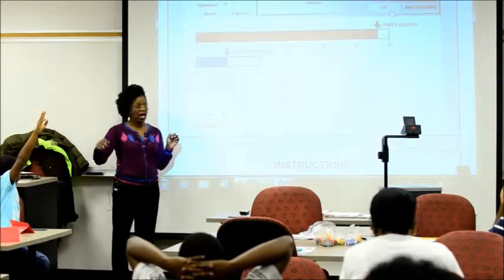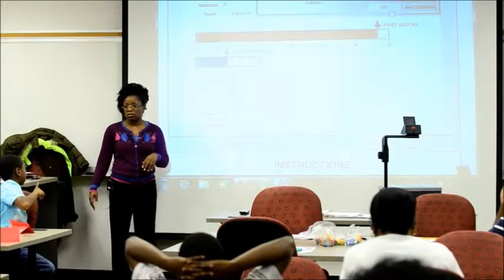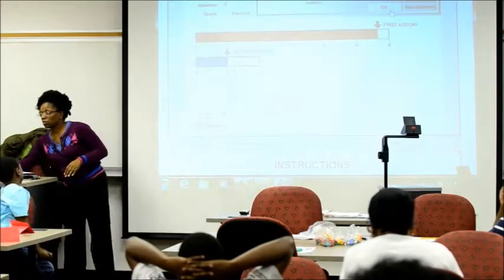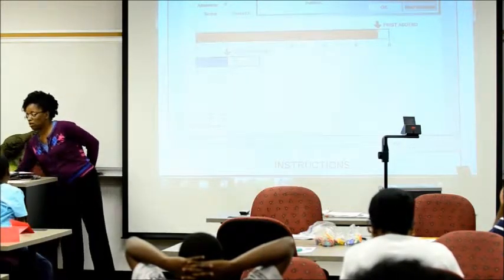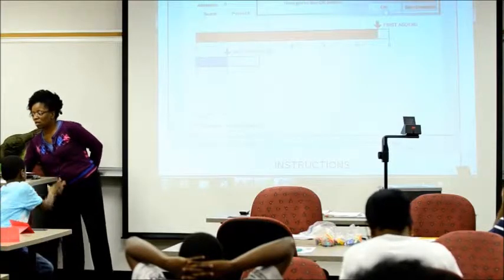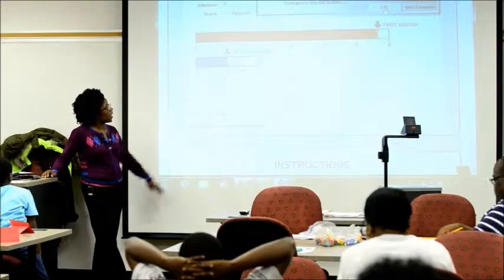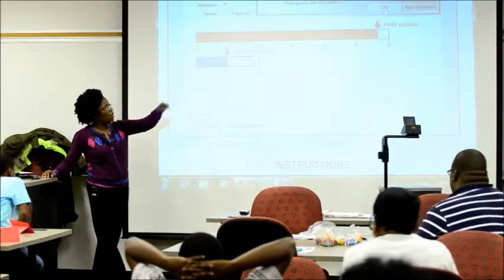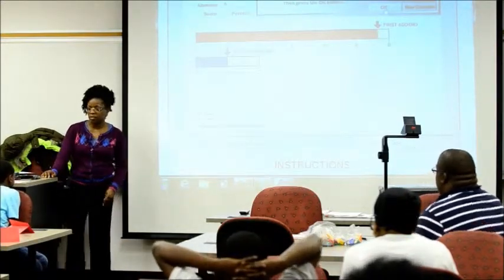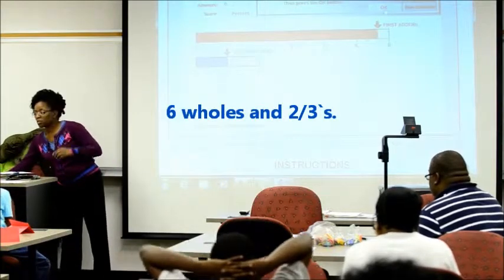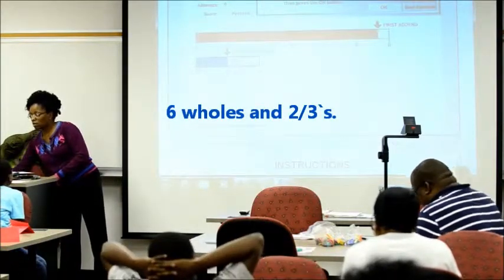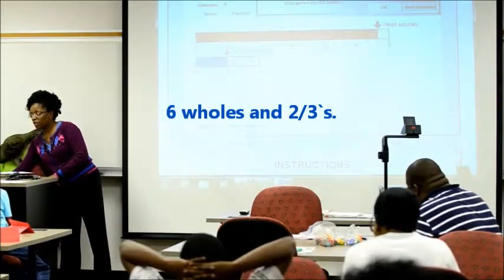Hunter and Xander and Kyle, what you all come up with? It'd be 1 whole. Okay? Okay, if you add a whole to 5 wholes and 2/3, what will you get? Mr. Pelt? 6. You get 6 wholes and 2/3.